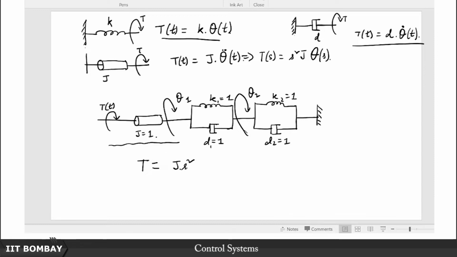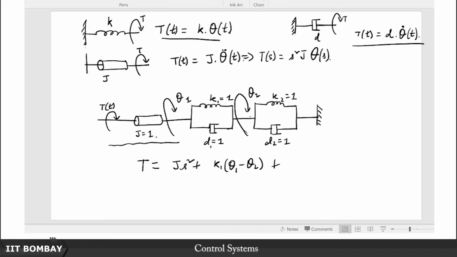What else is there? What is the net rotation of this spring and this dashpot? On the left hand side of the spring and dashpot assembly is a rotation of theta 1, on the right hand side is a rotation of theta 2. So the net rotation is theta 1 minus theta 2. So we have k1 times theta 1 minus theta 2. What is the relative angular velocity?